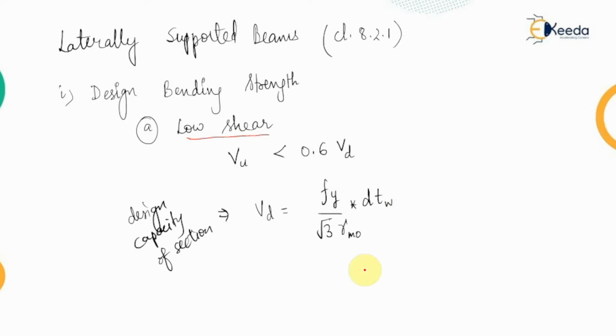Now in the case of the low shear beam, the design bending strength, denoted by Md, will be calculated by the formula beta b into Zp into Fy divided by gamma m naught. Here beta b is a constant which is taken depending upon the type of section.